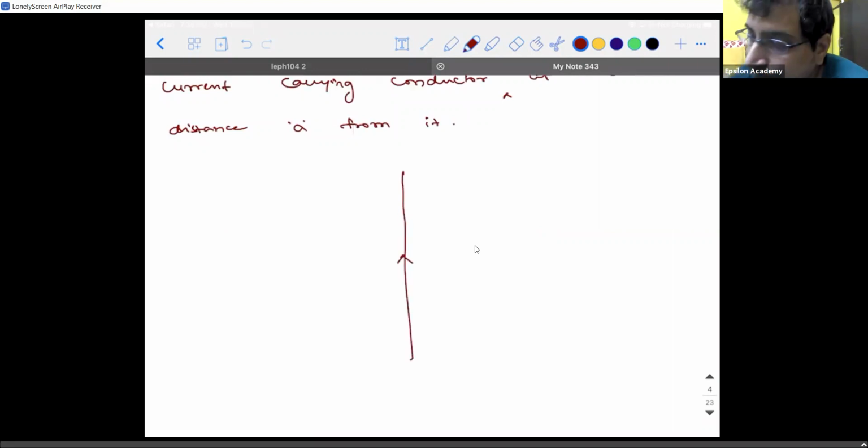If I take a conductor like this of current I, and a point P here, then this distance is A, guys, and this conductor is of finite length.